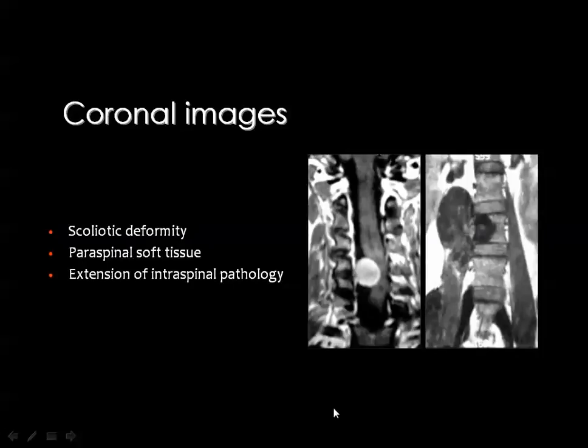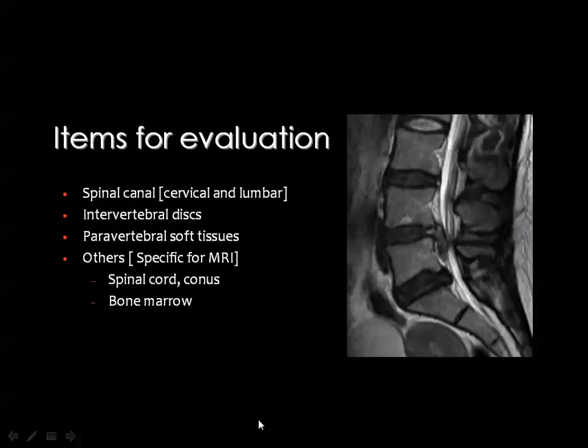Then we do not usually routinely use the coronal images in the protocol of spinal imaging, but sometimes we may need the help of coronal images in cases of scoliotic deformities, the presence of paravertebral soft tissue shadows, and the presence of intraspinal pathology like this meningioma in the subdural space. I will explain this in full details after that.